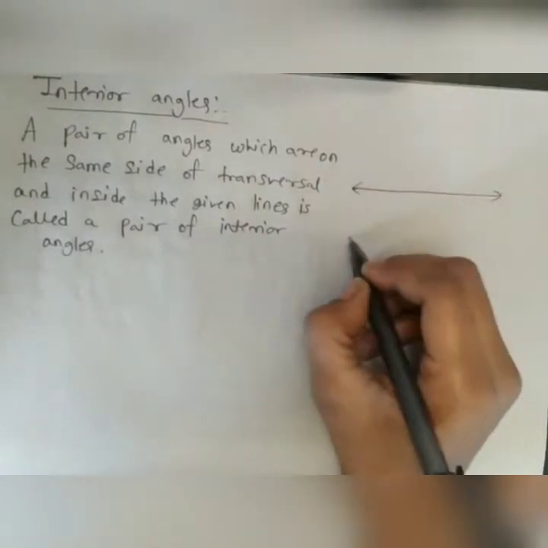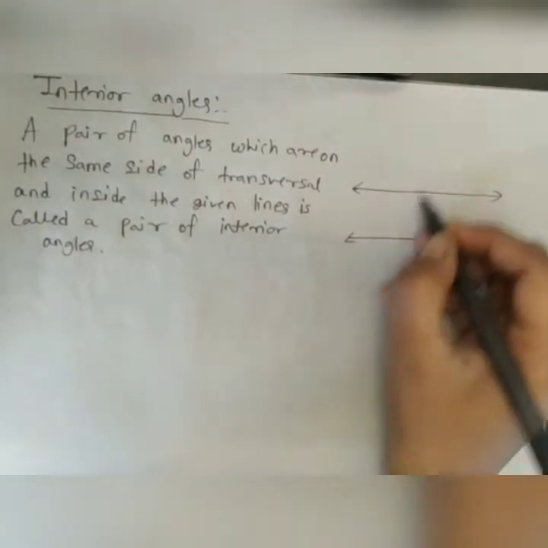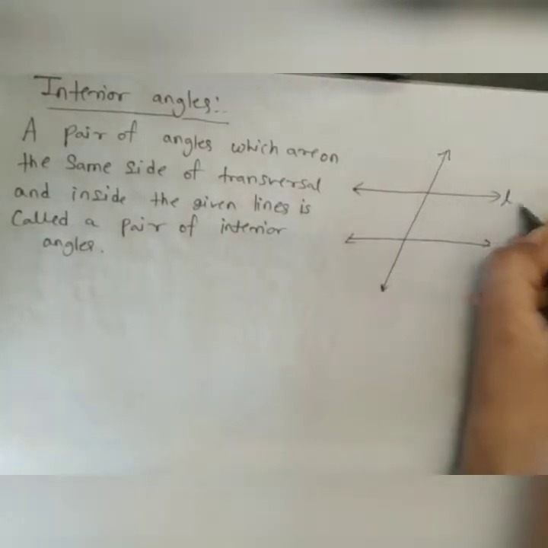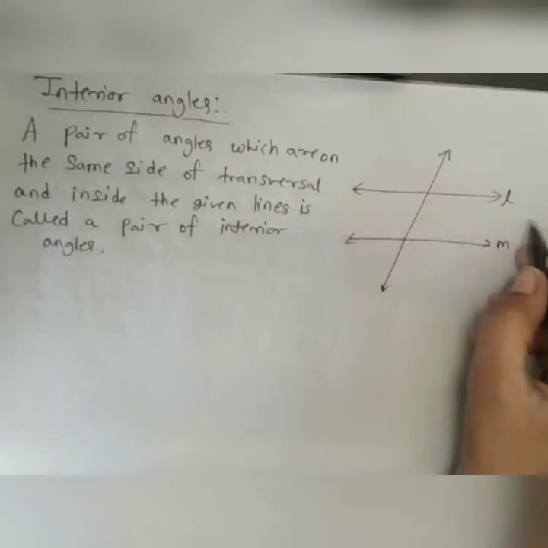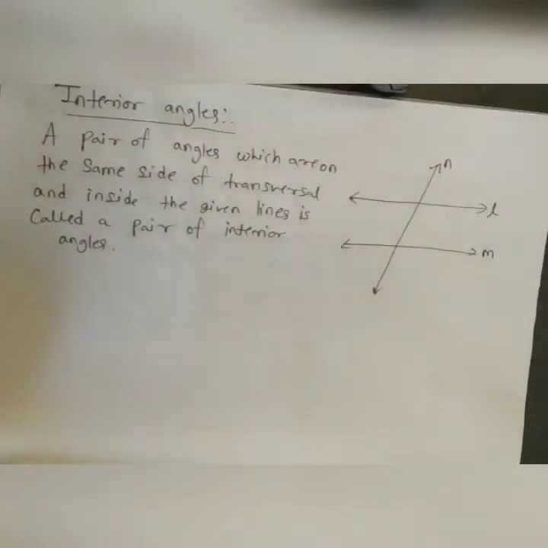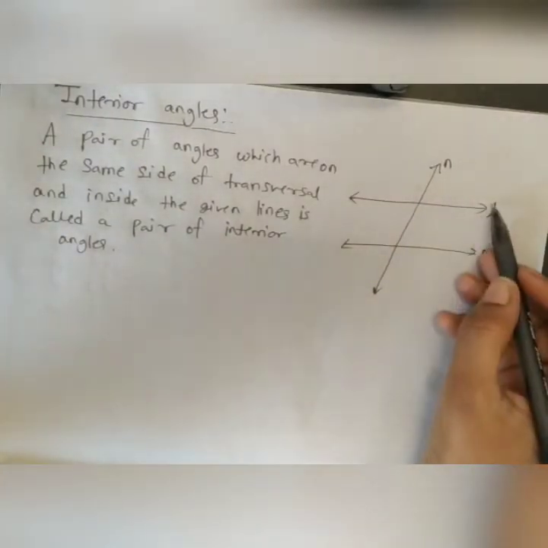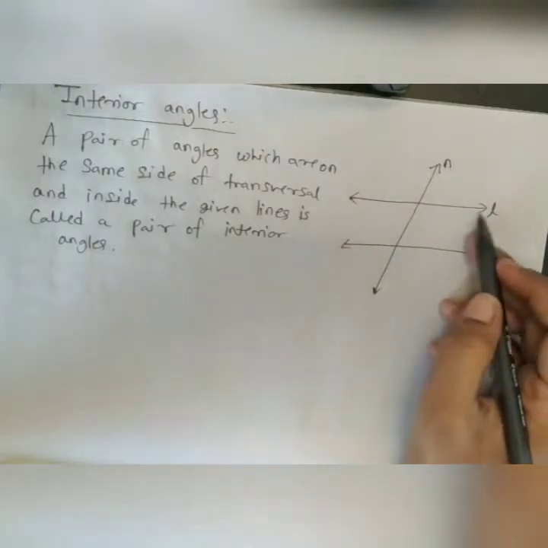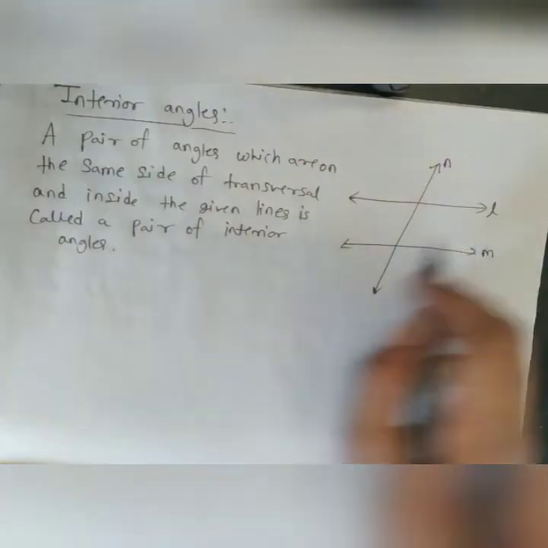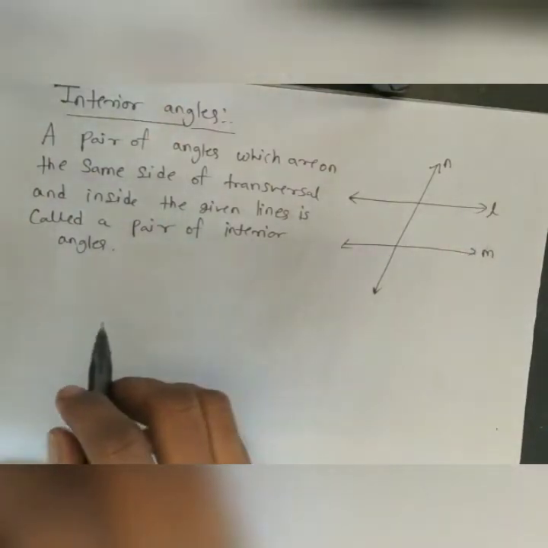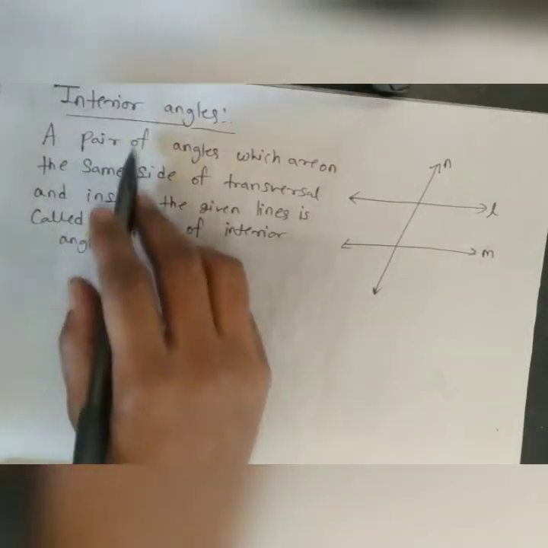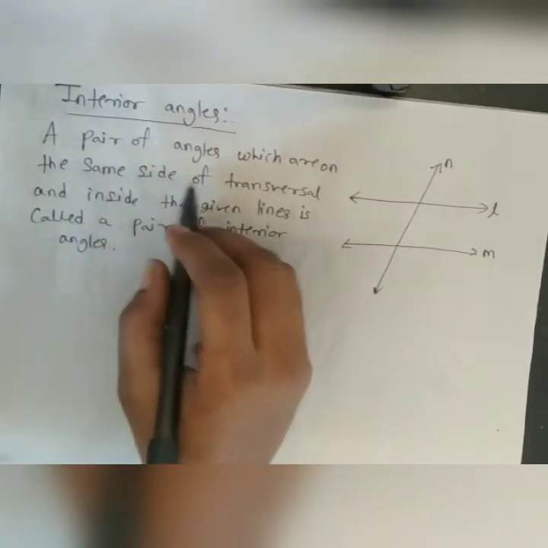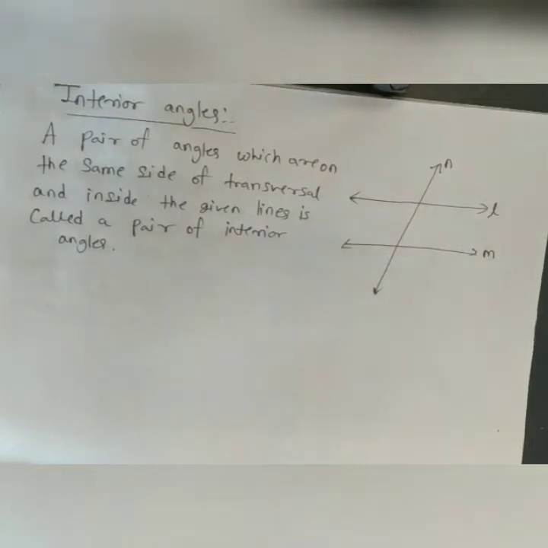We have two parallel lines and one transversal line. This is my line L and M, both are parallel, and line L and line M are parallel lines and N is their transversal line. In interior angles, a pair of angles which are on the same side of the transversal.